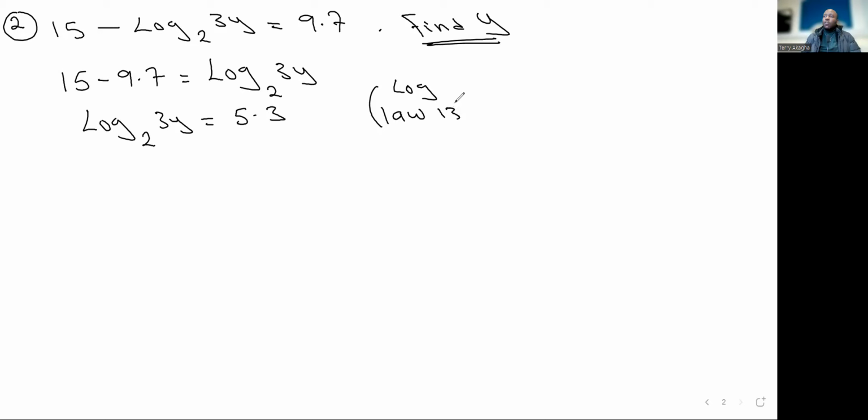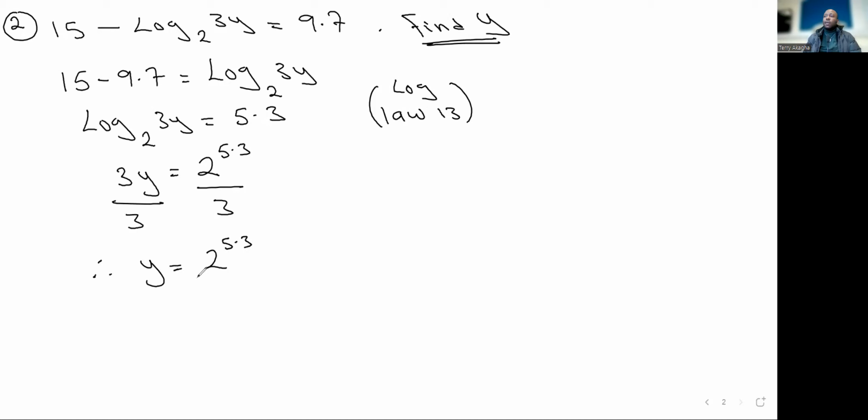That's the log to index law. So 2 raised to power 5.3 is going to be equal to 3y. So 3y is going to be 2 raised to power 5.3. Then you divide both sides by 3. And therefore y is going to be 2 raised to power 5.3 divided by 3. And the answer you're going to get should be 13.1. And that will be the answer for y.